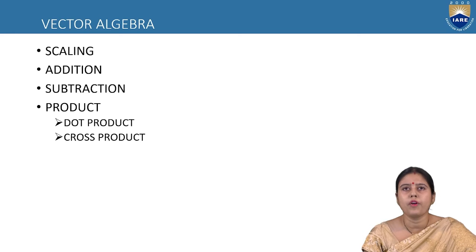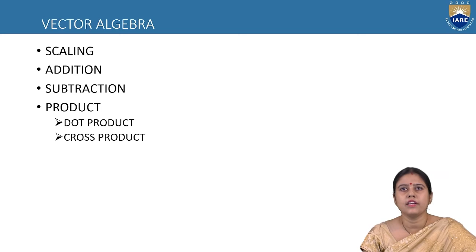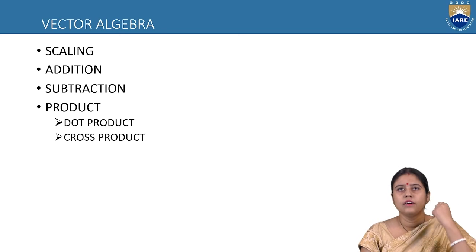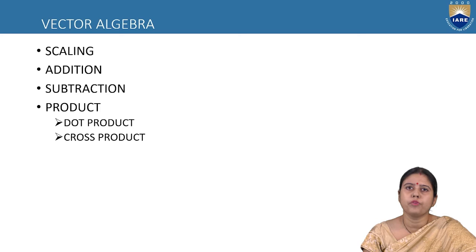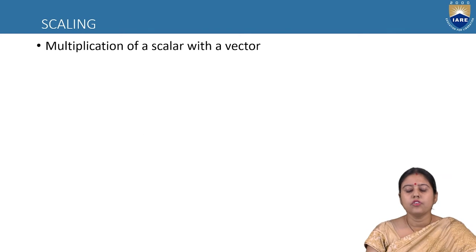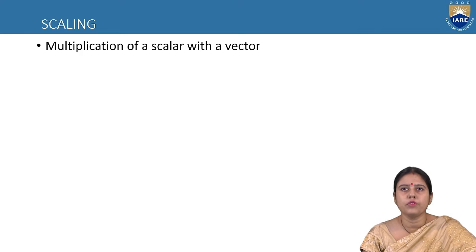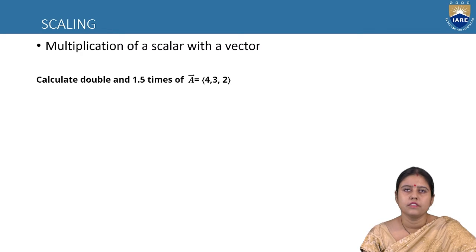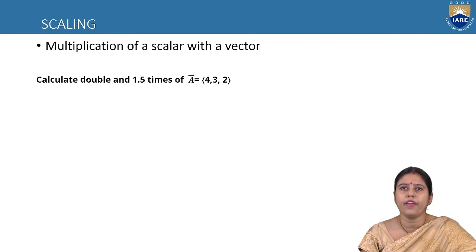Next we will solve the problem on vector algebra: scaling, addition, subtraction, and product, and product is of two types, dot product and cross product. Multiplication of a scalar with a vector is the scaling. So calculate double and 1.5 times of a.